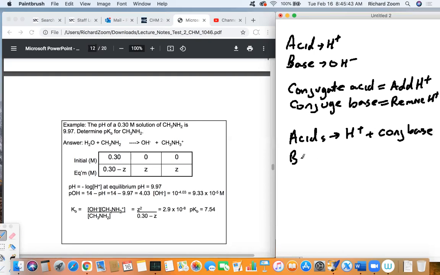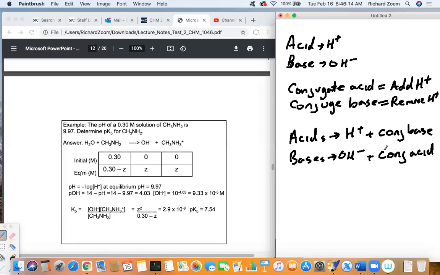And bases generally give OH minus plus a conjugate acid. The term conjugate here simply means partner. It's what you get after it's become H plus and something. You get H plus and that conjugate base.